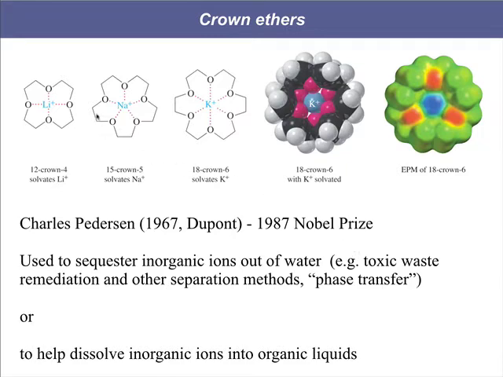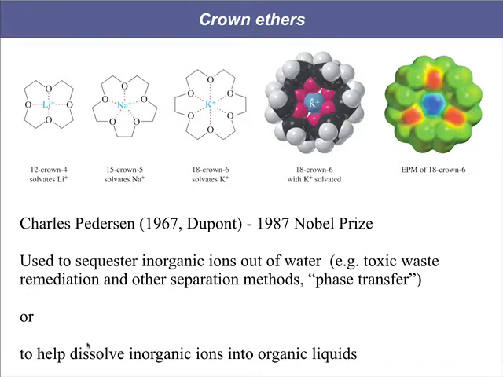You can bind those aqueous ions into an organic crown ether, and what you end up with is a layer where the crown ether is dissolved in the organic layer, the water and everything else is dissolved in the water layer, but the ions get trapped in the organic layer, and so you can separate the organic layer from the water layer, and therefore you have now removed those ions from the water by binding them into this crown ether.